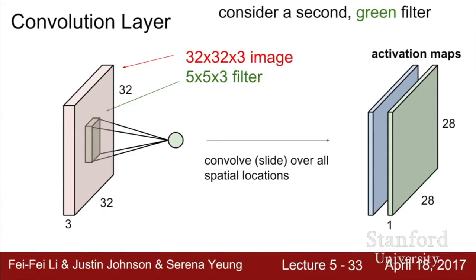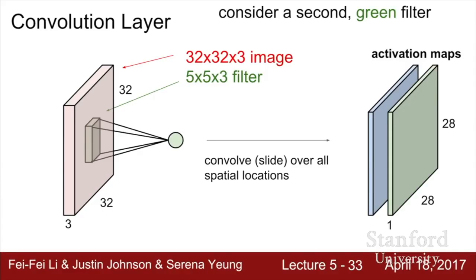What we just saw earlier is taking one filter, sliding it over all of the spatial locations in the image, and getting this activation map out, which is the value of that filter at every spatial location. When we're dealing with a convolutional layer, we want to work with multiple filters, because each filter is looking for a specific type of template or concept in the input volume. So I'm going to take a second filter, this green filter, which is again 5 by 5 by 3.